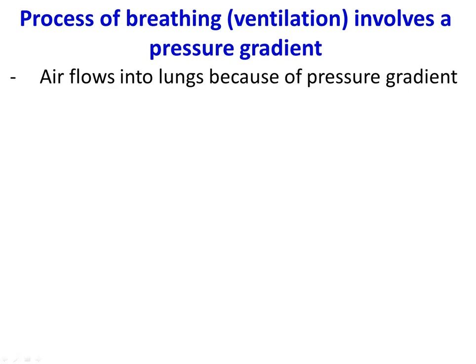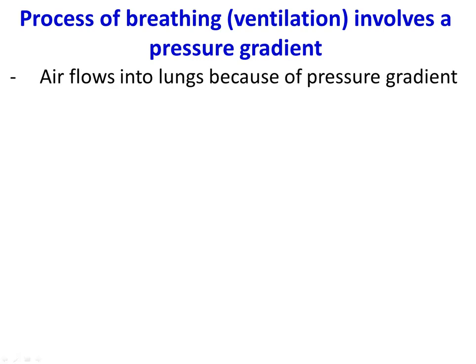All right, so now we're going to get into the physics of how ventilation occurs, right? So you need a pressure gradient because remember, I told you folks that air moves from high pressure to low pressure. So we've got to create that gradient.